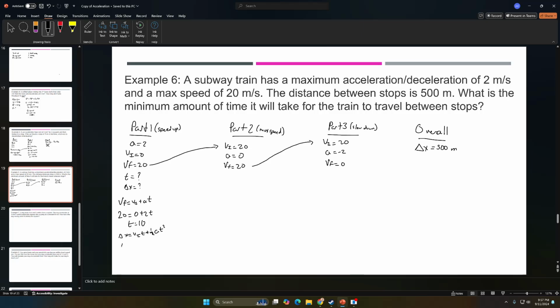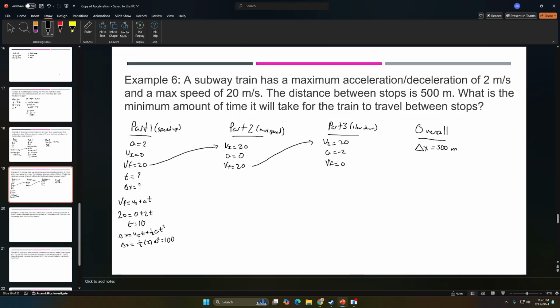We will get that displacement is equal to 1/2 times 2 times 10 squared, and this ends up being just 100.